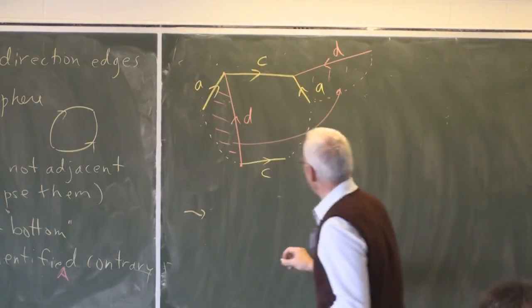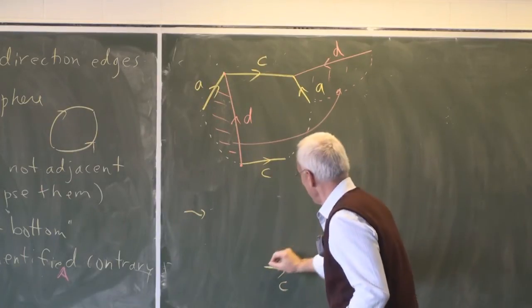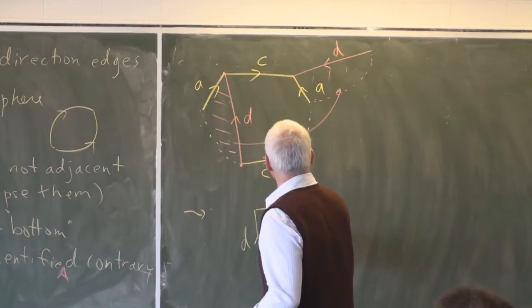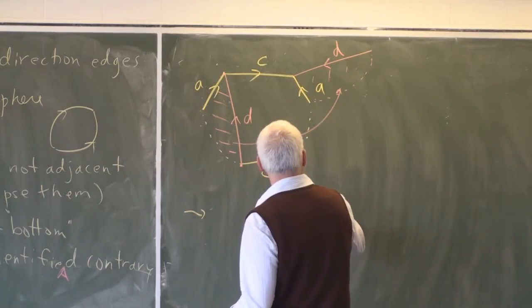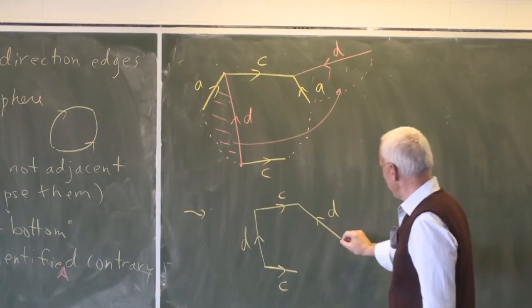So we get, well, there's a C at the bottom, and then there's a D here, and then there's a C there, and then there's a D in this direction, and then this other stuff.